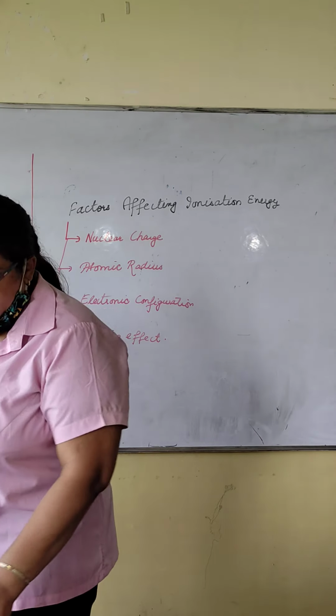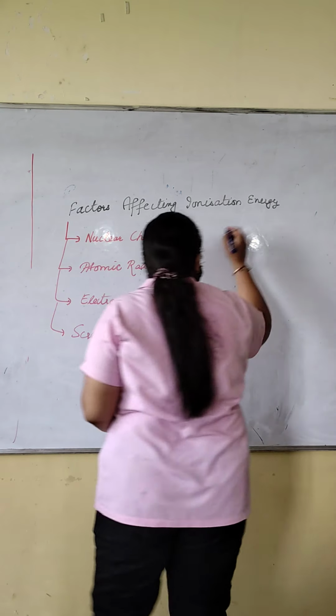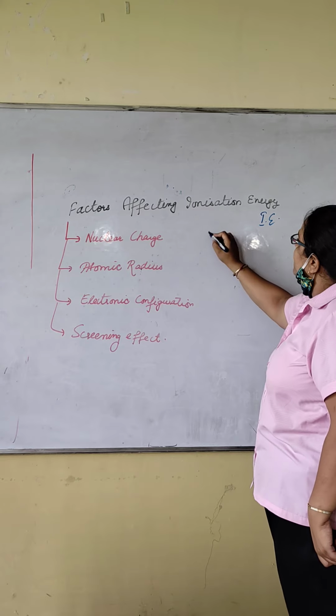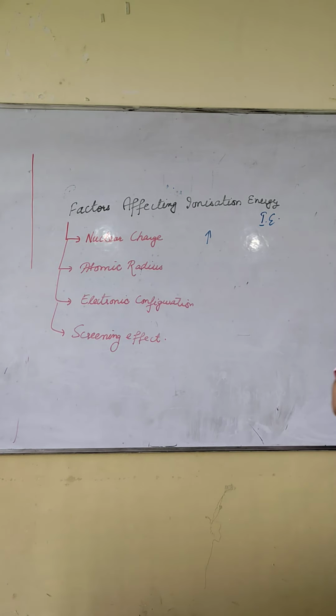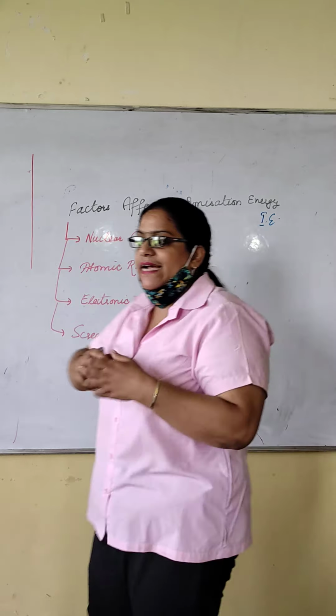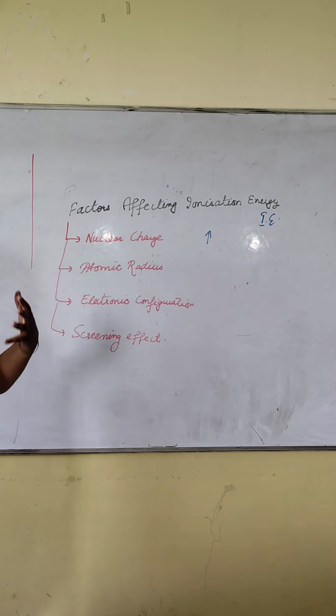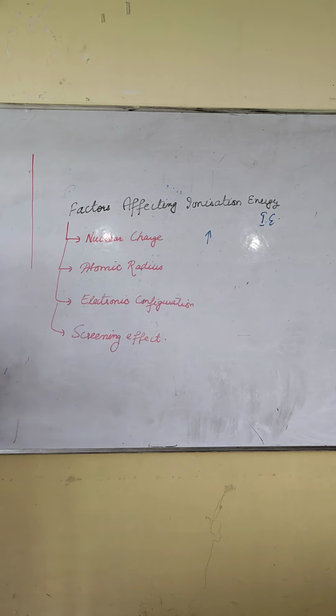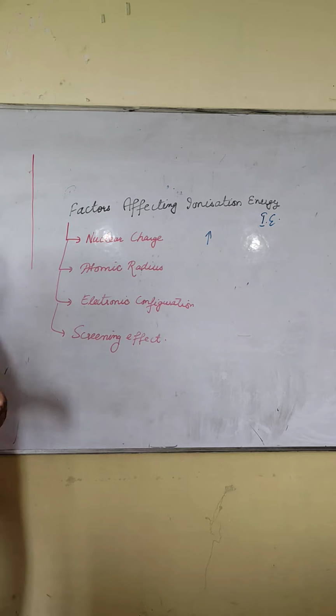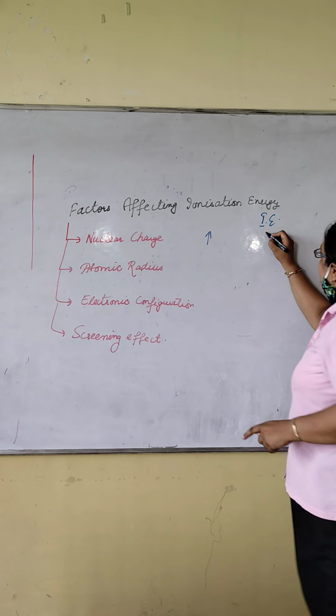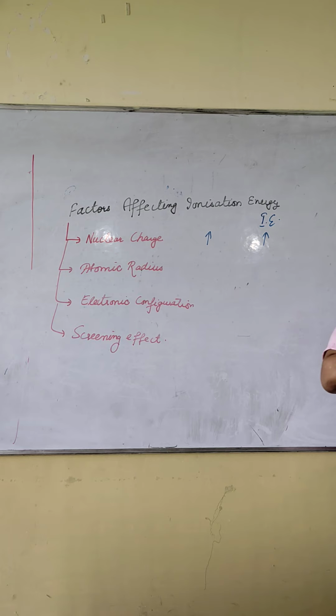So, nuclear charge. If nuclear charge is more, which means the last electron of that element is closely bound to the nucleus. And if I want to remove that electron from an atom, more energy will be required. So, if nuclear charge is more, then ionization energy is also more.